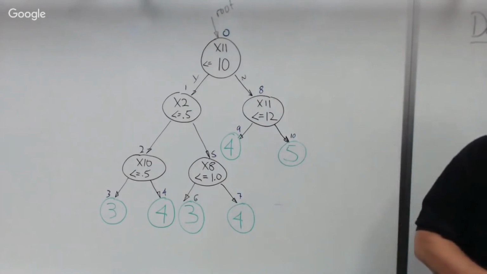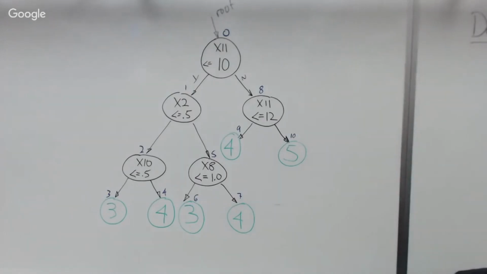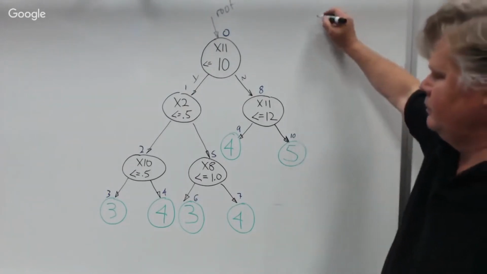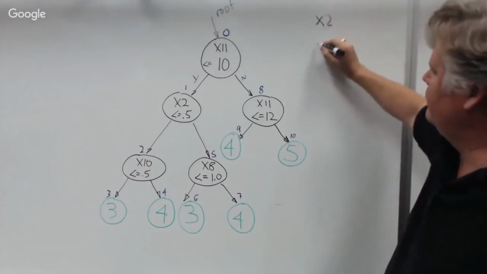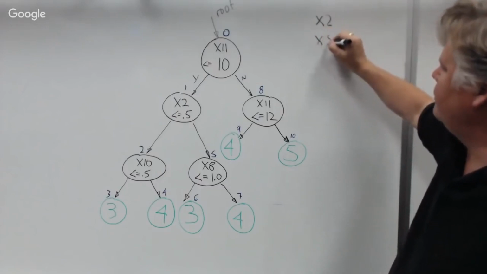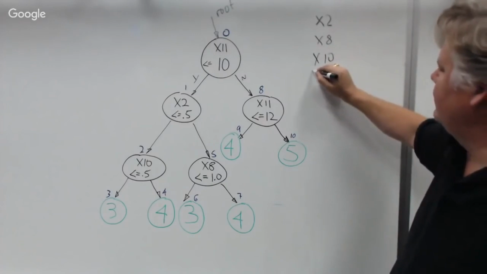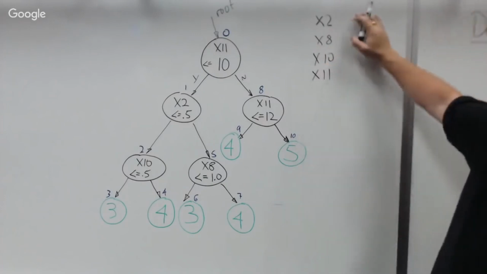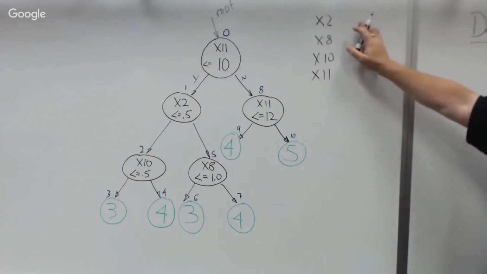So anyways, I'm going to put up an example piece of data and have you use this tree and tell me what you think the value is. So what do we need? We need factor 2, factor 8, factor 10, and factor 11. Right. So we're going to query the tree.